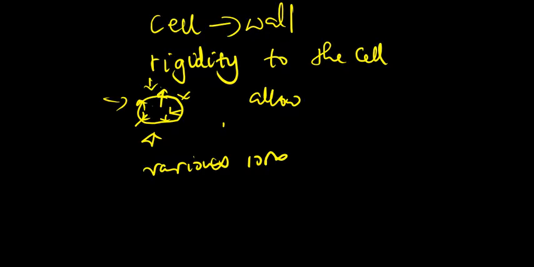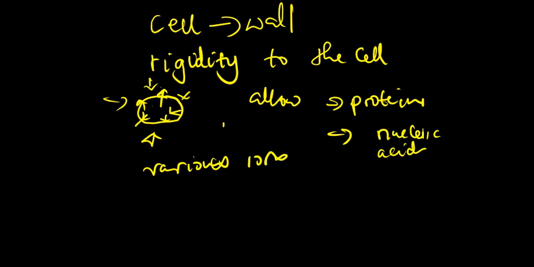Okay, but larger molecules such as proteins, so let's jot them down. Larger molecules like proteins, nucleic acids. These aren't able to pass through the cell wall by virtue of them being big molecules.